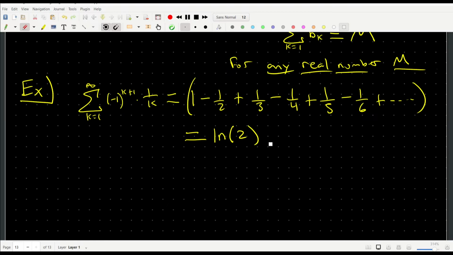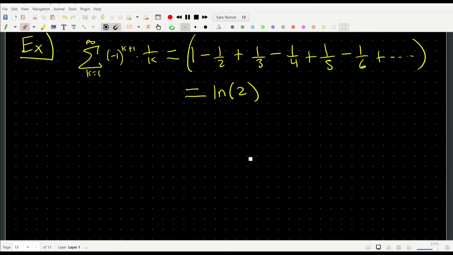And what the rearrangement theorem is saying is that for this series and for any alternating series that's conditionally convergent, we can change the order of these additions and subtractions to converge to any real number that we want to converge to. For instance, if I take essentially the same series.